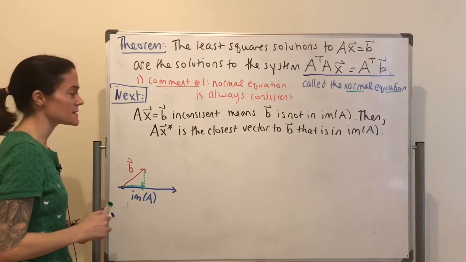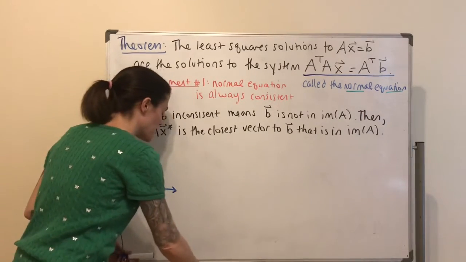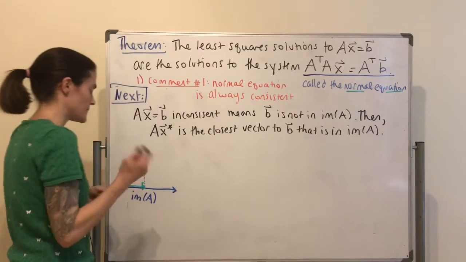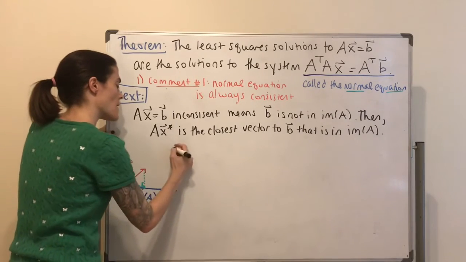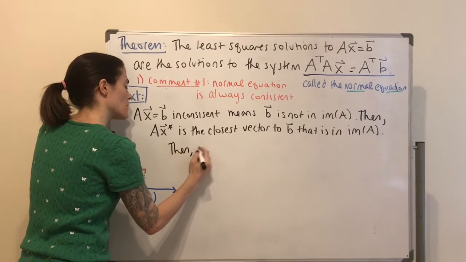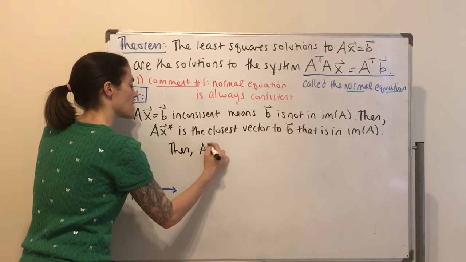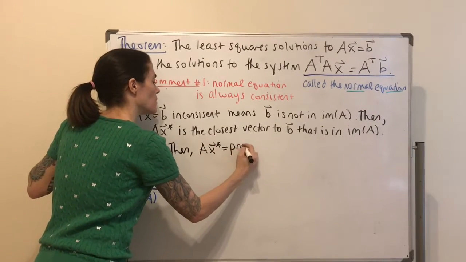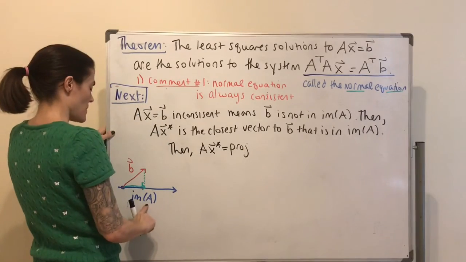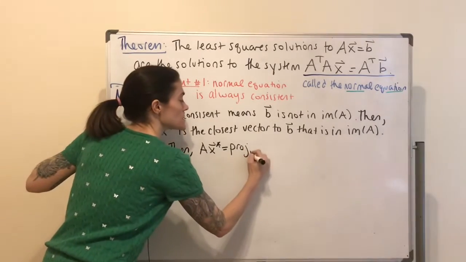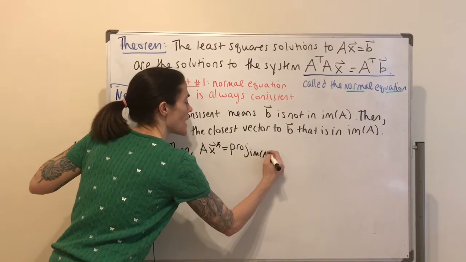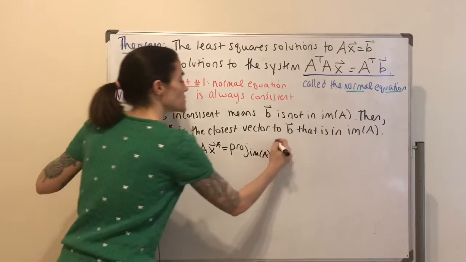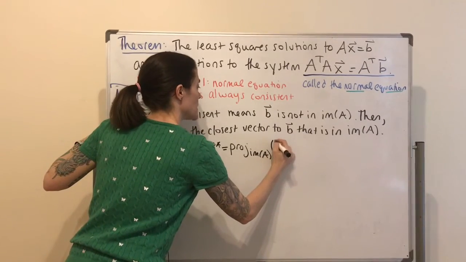But what is this? This is the projection. So then this Ax star is the projection onto the subspace, the image of A, of the vector b.